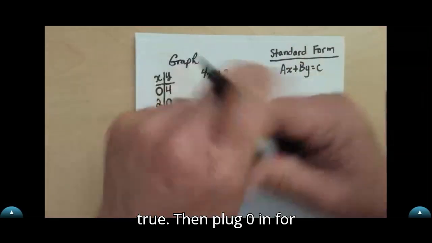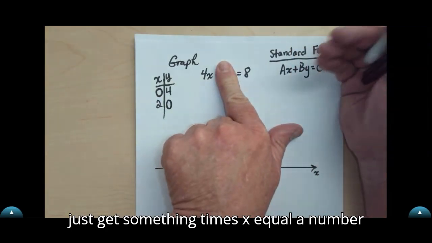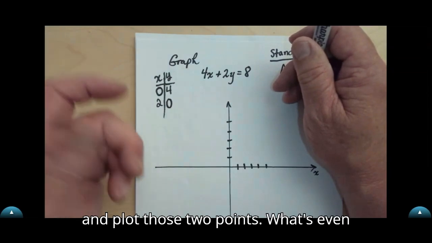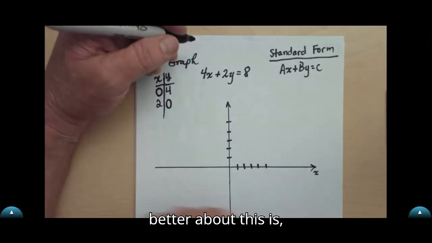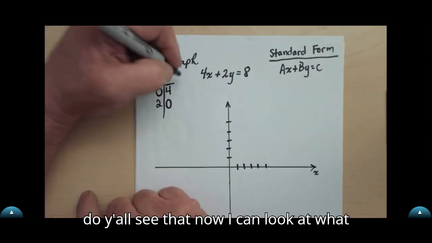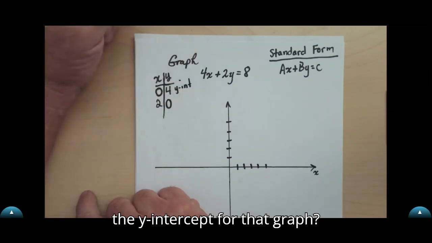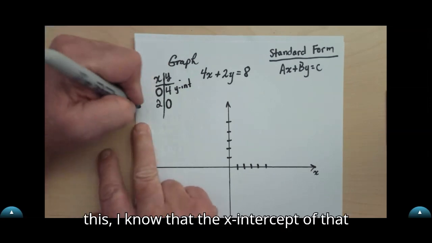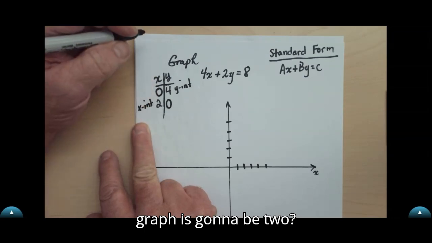Then plug 0 in for y, which makes the y term go away, and you just get something times x equal a number, and find the x value that goes with that, and plot those 2 points. What's even better about this is, do y'all see that now I can look at what I've done and see that 4 is going to be the y-intercept for that graph? And do you see that if I just look at this, I know that the x-intercept of that graph is going to be 2?